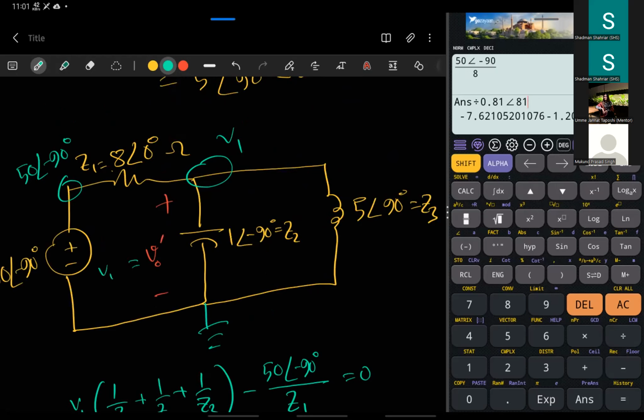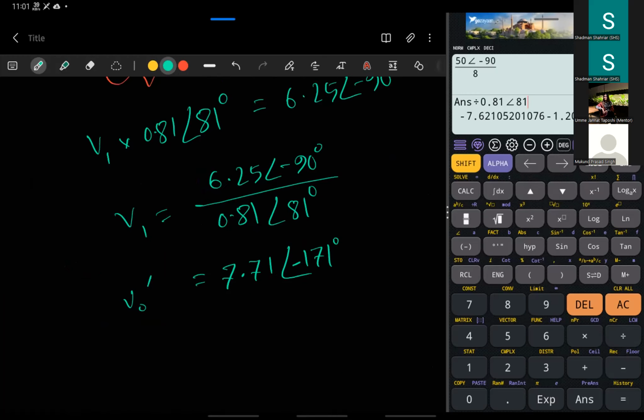But the problem here is this is a complex number, and the value should be written in cosine format. The way is also quite easy: 7.71 cos 5t minus 171 degree, because this is basically the opposite of how you convert it to complex. You removed the cos 5t part, and now you are inserting this cos 5t part. This is your V naught prime.